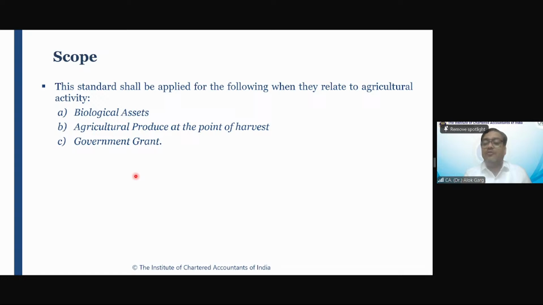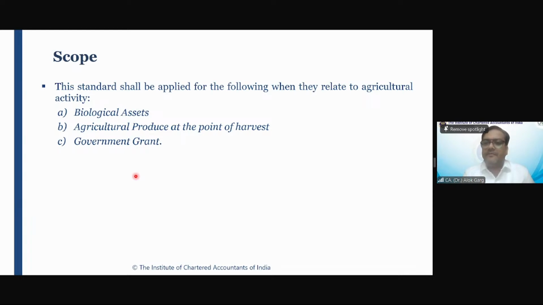Those animals are engaged for entertaining the audience, right? While animals are biological assets, and the definition of biological asset is a living animal or plant, they are biological assets, but those biological assets are not related to agricultural activity. Is that clear?